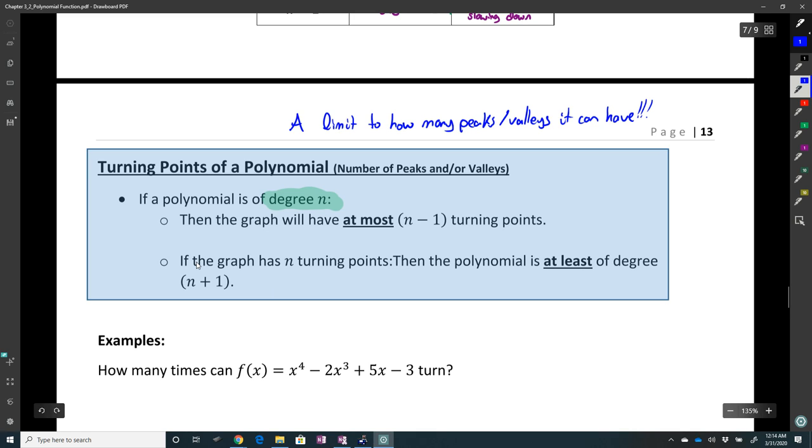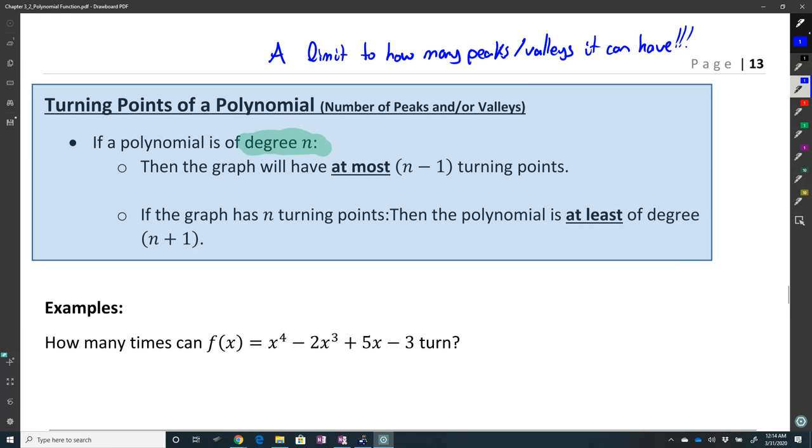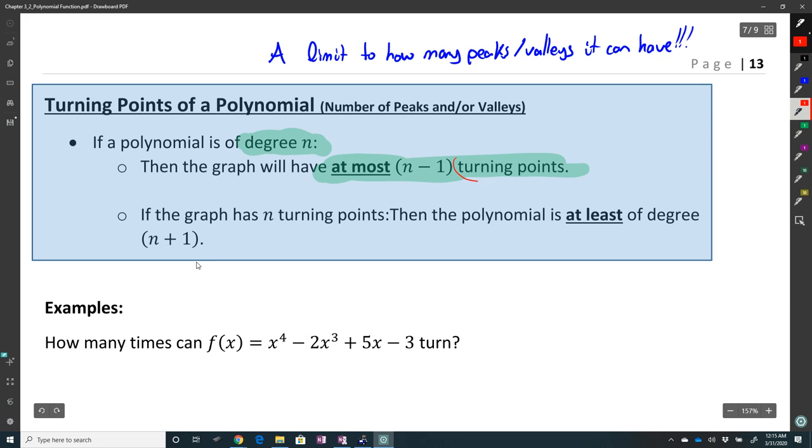Okay, so if I write an equation and it's a polynomial, there's a limit. It can't have an infinite number of peaks, it can't have an infinite number of valleys. Okay, so if a polynomial is degree n, it's going to have at most n minus 1 turning points. So n minus 1 peaks and valleys, when they say turning points.